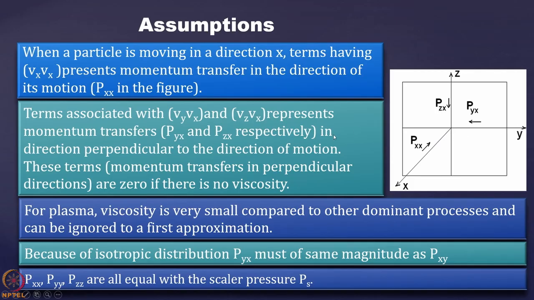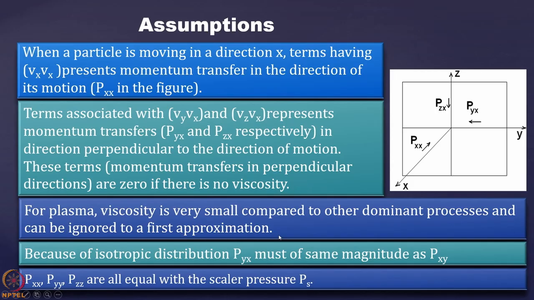This happens when viscosity plays a role, because when you are moving in one direction, you are imparting some momentum to the adjacent layers. So this can well be approximated as 0 when you are considering plasma, assuming it has very small viscosity. Compared to other terms, you can neglect that term.